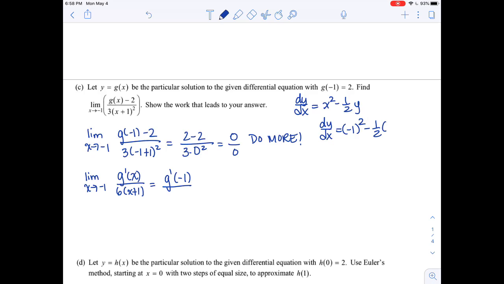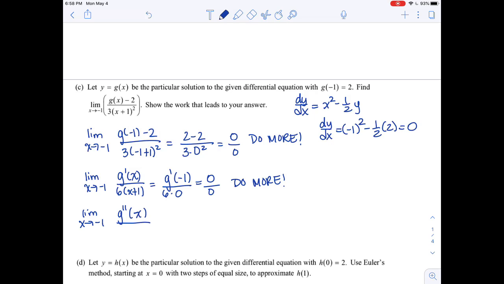So when you evaluate that, your x squared would be (-1) squared minus 1/2 times 2, which would come out to be 0. So this would be 0 on the bottom. I would have 6 times 0, which again would be 0. So once again, I have to do more.